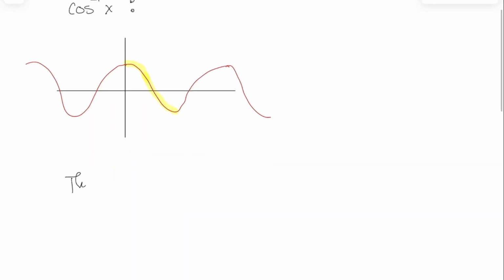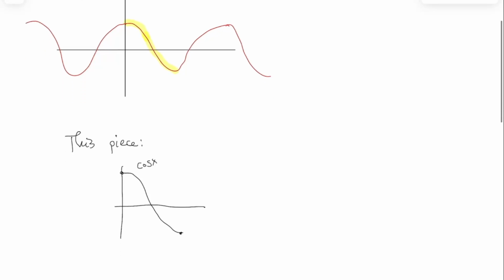So this piece, only over here, starting at the top and coming down to there, does a little something like that. This is not cosine inverse. This is just a piece of cosine. This is not the inverse yet. But maybe I'll label the axes.